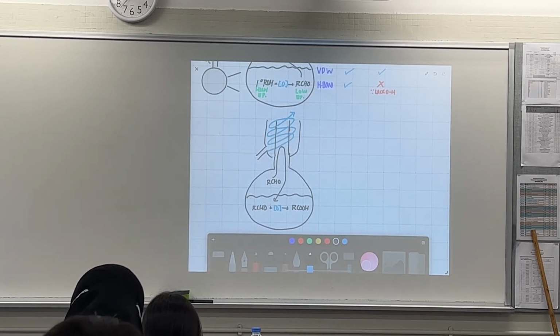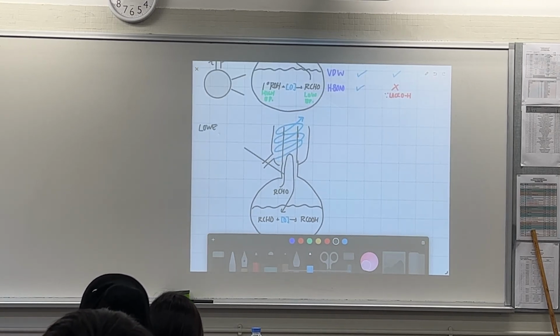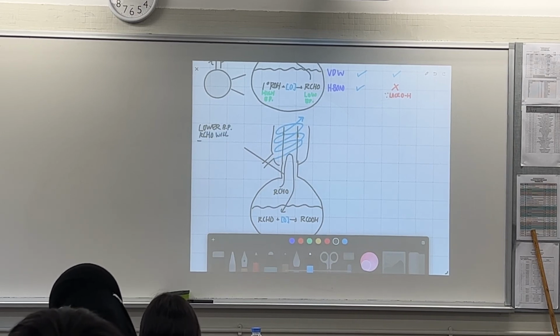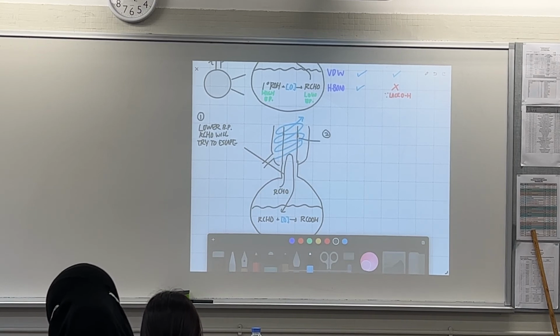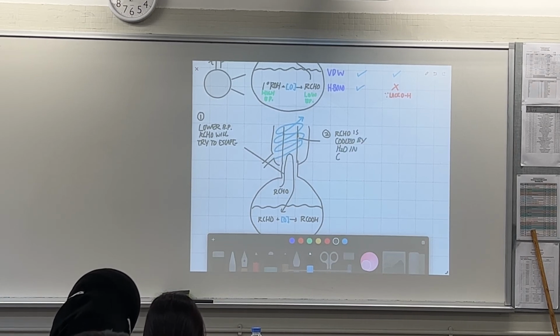So let's put down the steps in here. The lower boiling point aldehyde will try to escape, but it will just try. It cannot really escape. And then what? The aldehyde is cooled by the water in the condenser, so it loses kinetic energy, and it's condensed back into liquid.